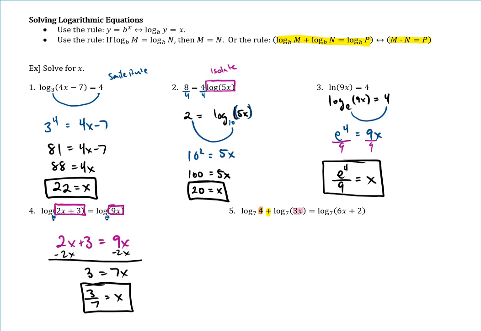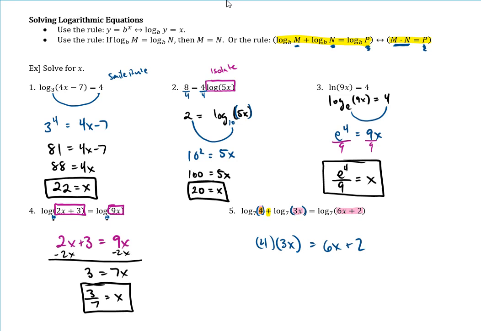That 4 and the 3x. And then that should equal the argument on the right. Okay, so if we use this rule, that's what it's telling us. So this argument multiplies this argument. That's what's happening right there. And it equals that argument on the right side. All right, so this means that this 4 times this 3x is equal to the 6x plus 2.